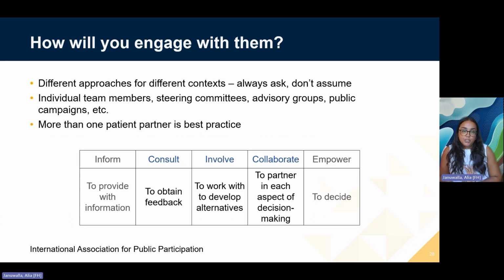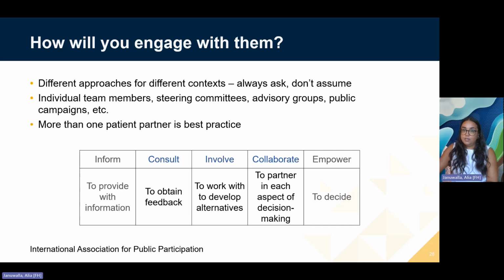The way to engage, so how you're going to engage with them, is somewhat dictated by what you're looking for from each person and how they would like to be involved. Always ask, don't assume. A common misconception is that people don't want to be bothered and want to be involved as little as possible, but that's not necessarily the case. So just ask people what they have the capacity for or they're interested in.